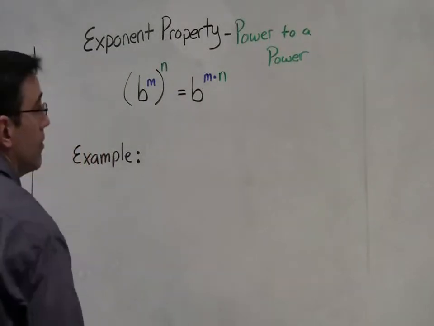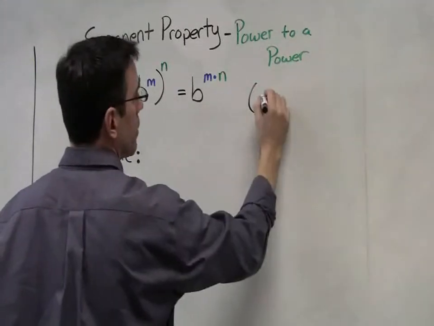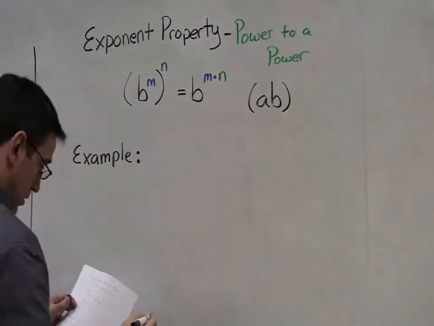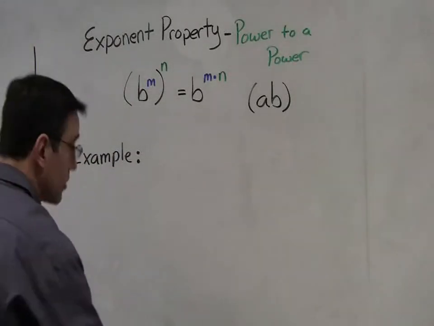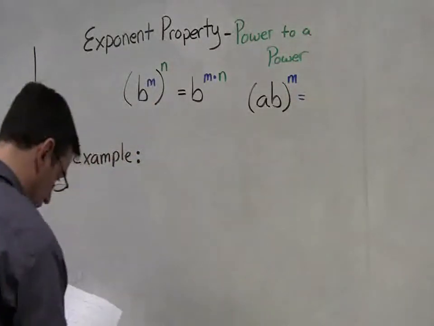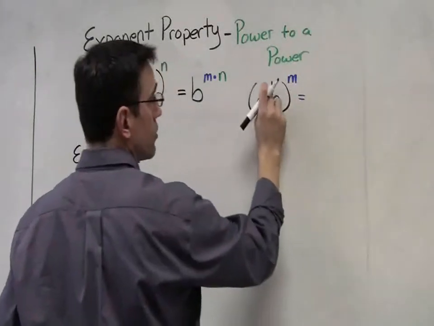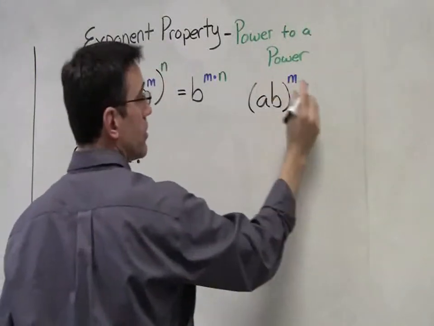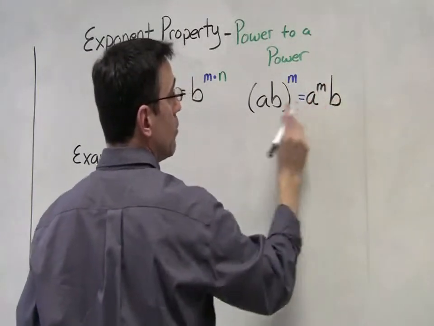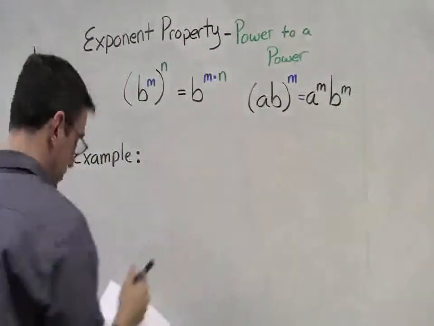Now, there's another form of this when you have more than one number here, which is AB, let's say raised to the M, and then what you end up with is you take this, raise it to the power. See, there's no exponents here, so A would be raised to the M power, and B would be raised to the M power. So I'm going to show you some examples of both of these.